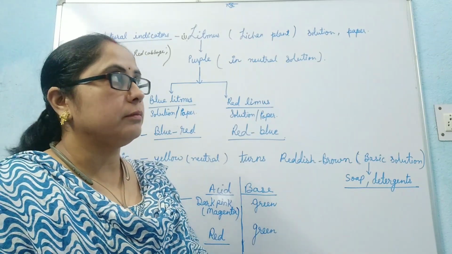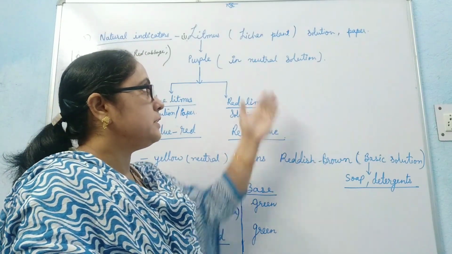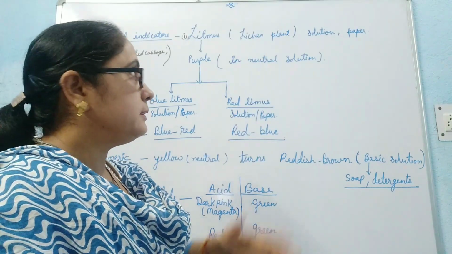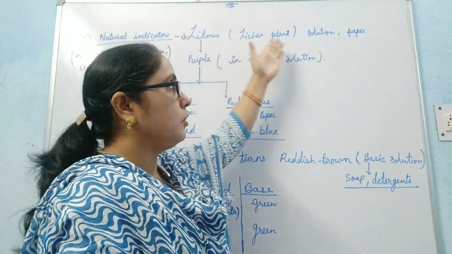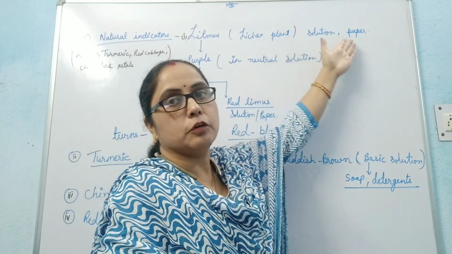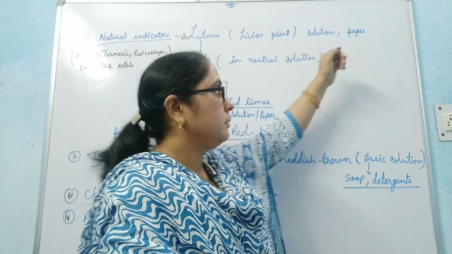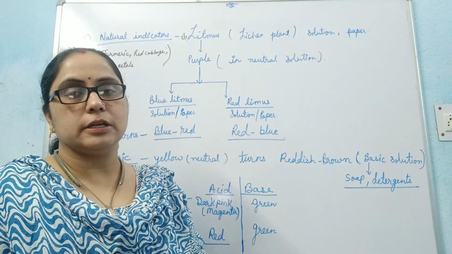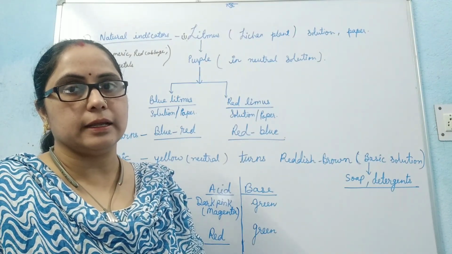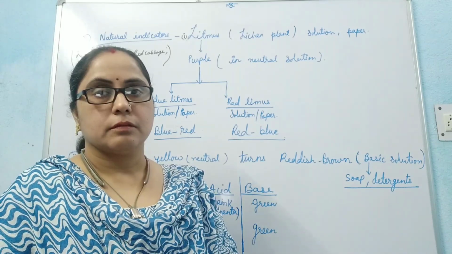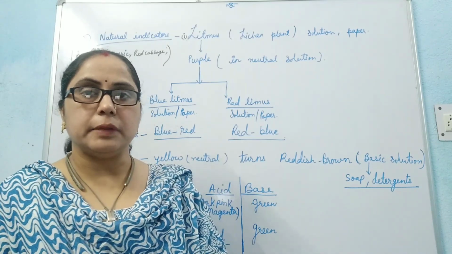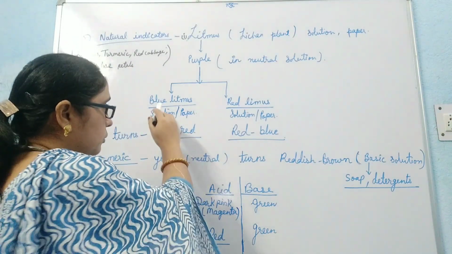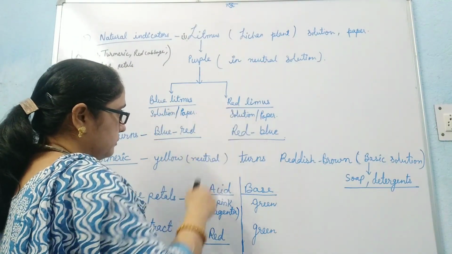Litmus we get from the lichen plant, which is a type of Thallophyta, and we use it in the form of solution or paper. Litmus is purple in color. When the solution is neutral, its natural color is purple. For our convenience, we made the litmus into two colors, that is blue litmus and red litmus.